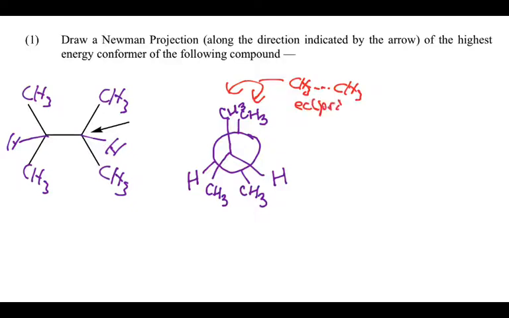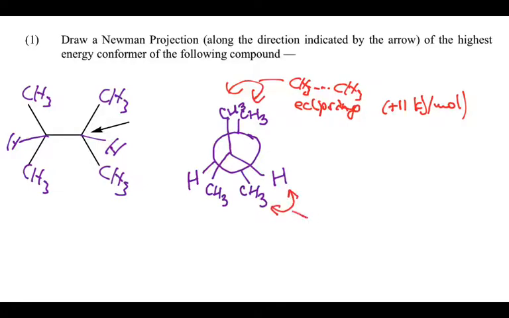What's the energy cost for that? What did we write down in lecture? I don't want to give the wrong number. Did we say 11? Yes, that's 11. Let's say that costs us 11 kilojoules per mole for CH3 eclipsing.